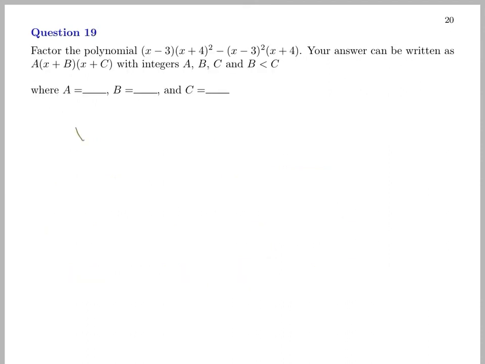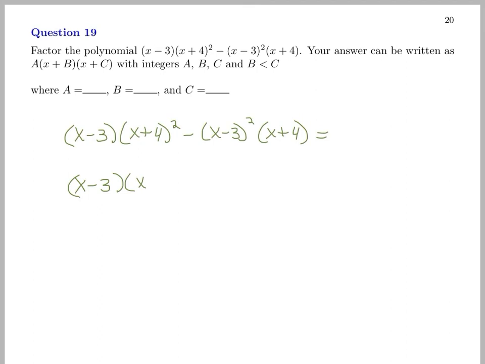Okay, so here we have x minus 3 times x plus 4 squared minus x minus 3 squared times x plus 4, and we want to factor it. And we see that x minus 3 is a common factor, and x plus 4 is a common factor. And what do we have left?